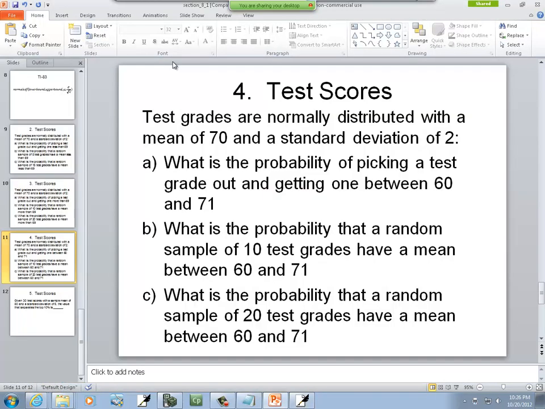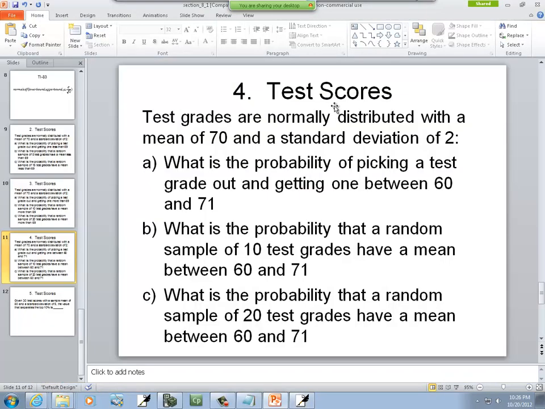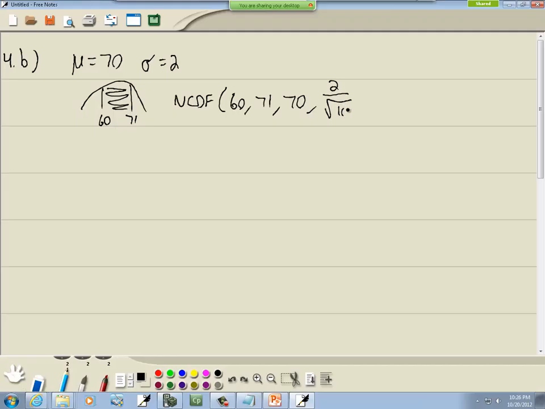B says, what is the probability a random sample of 10 test grades have a mean between 60 and 71? So here's 60 and here's 71 in between. So we'll do our normal CDF, our lower bound, which is 60, our upper bound, which is 71, our mean, which is 70, and then the standard deviation divided by the square root of n. And we're talking about 10 test grades, so I put a 10 in there.